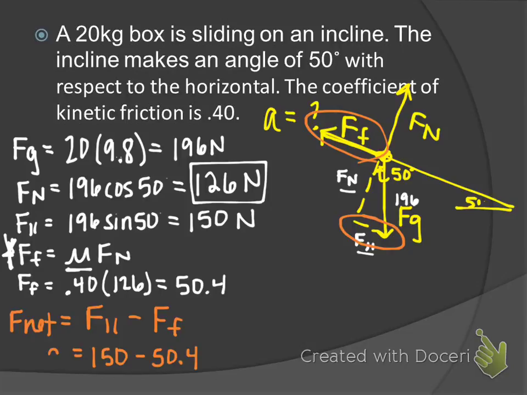And I want to solve for the acceleration, so I need to substitute right here mass times A. Okay, so we get an acceleration really close to what? 5.